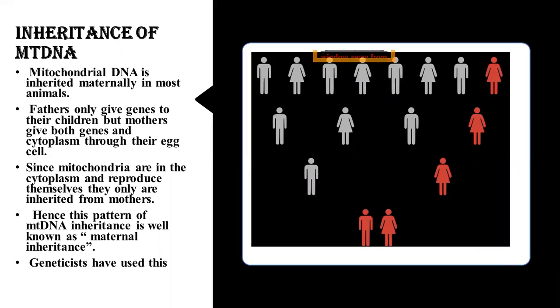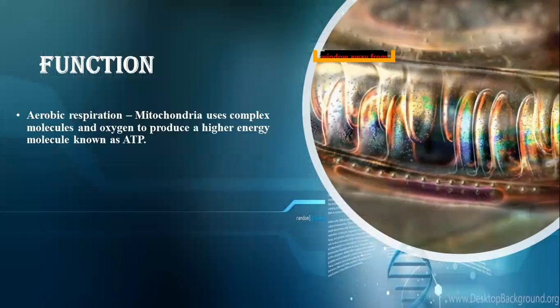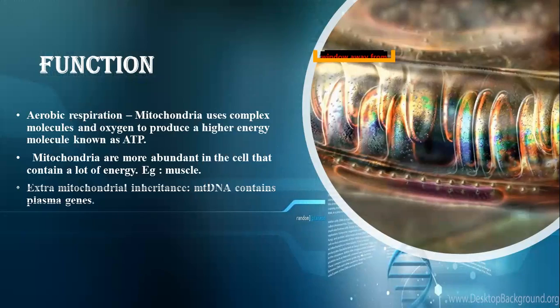Since mitochondria are in the cytoplasm and reproduce themselves, they are only inherited from mothers. Hence, this pattern of mtDNA inheritance is well known as maternal inheritance.